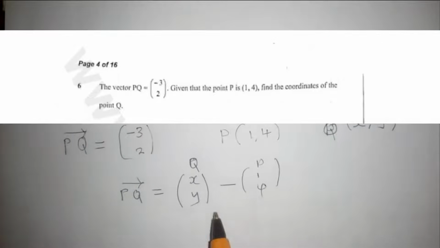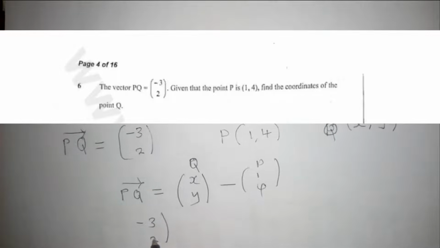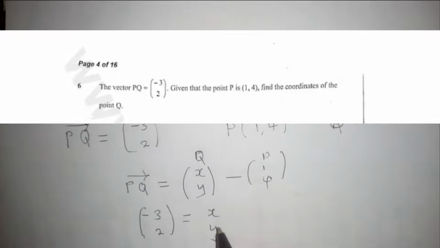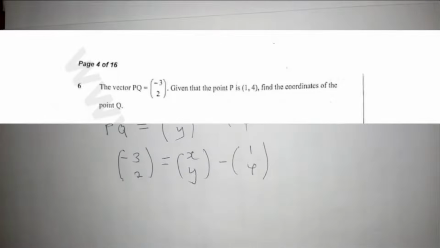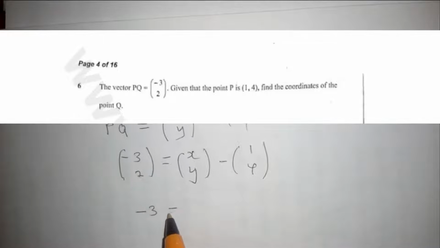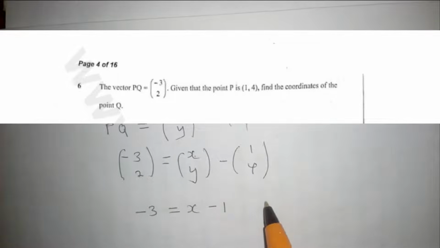Since we have been given an answer, we can write the answer here, which is (-3, 2) equal to (x, y) minus (1, 4). So now we can form equations. We'll say -3 is equal to x minus 1, and another one will be 2 is equal to y minus 4.